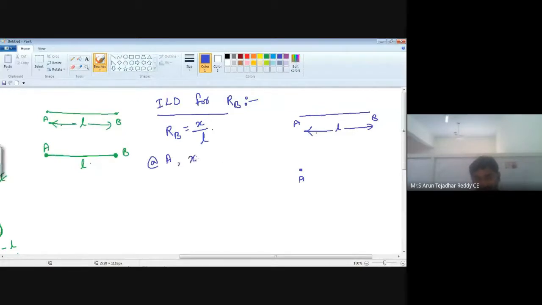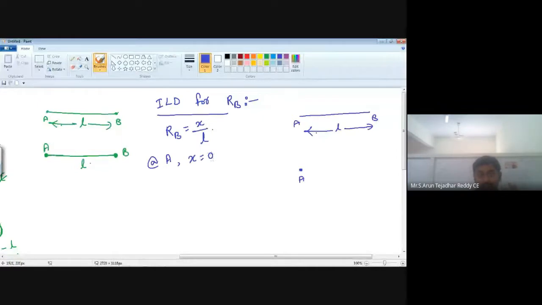This is our initial point, so we don't have any distance. So I can put it as simply 0, because your initial point is starting from 0 onwards.